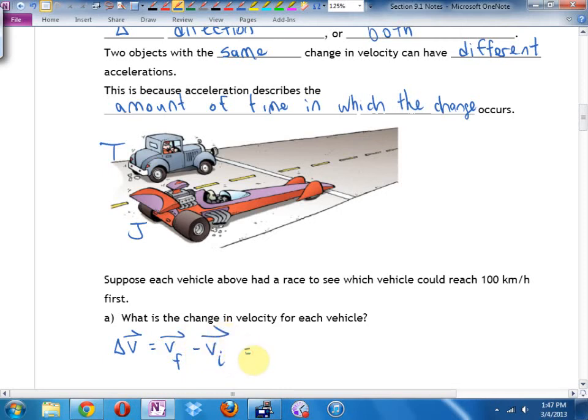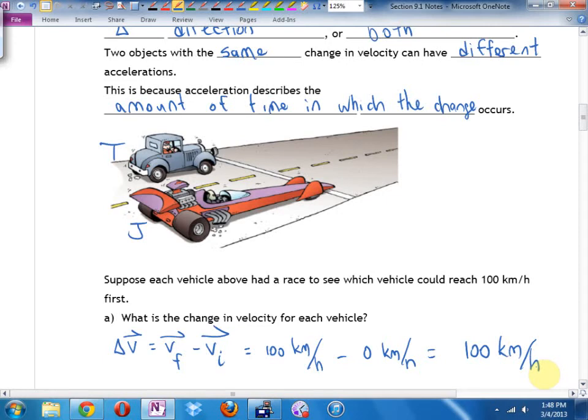What's the final velocity of each of these cars? 100 kilometers per hour minus. Trick question, what's the initial velocity of each of these cars if they're starting at rest? 0? So the change in velocity is, or the change in speed, because I haven't given you a direction, is 100 kilometers per hour.